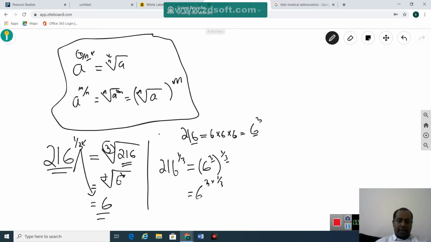Multiply these two numbers and the 3s cancel out. Therefore, this is equal to 6. So you can simplify rational exponents without converting to radical expressions. So we see two ways of simplifying rational expressions.